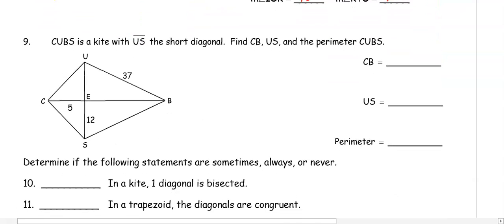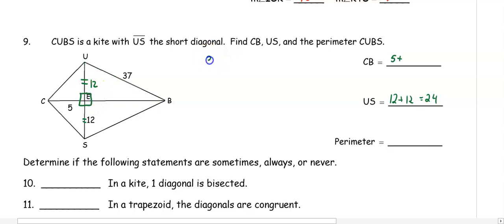Number 9, CUBS is a kite with US as the short diagonal. So if US is a shorter diagonal, that means that diagonal is bisected into two congruent parts, so both parts are 12. So we need to find CB, US, and the perimeter. So we know that US then is 12 plus 12, which is 24. So to find CB, we know part of it is 5, but we need to know the other part. So I can use this triangle with Pythagorean theorem because our diagonals are perpendicular.